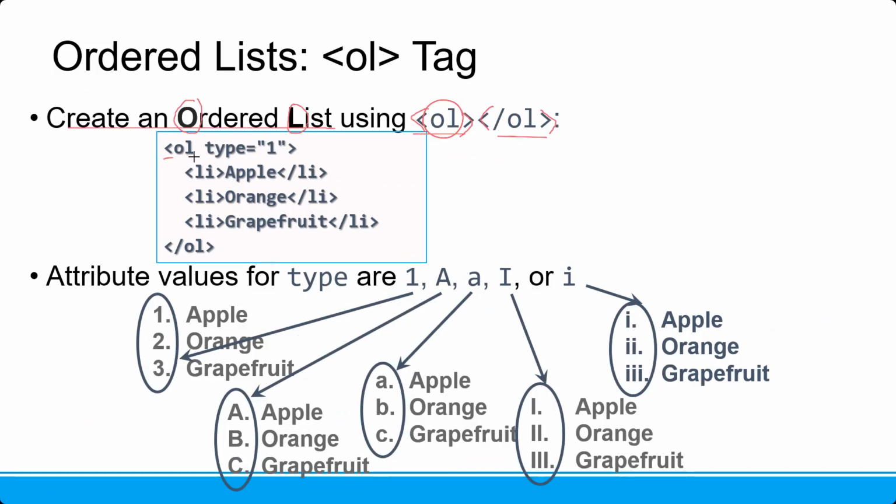So OL, and we can specify the type. For example, if the type is 1, then it will start from 1, 2, 3.